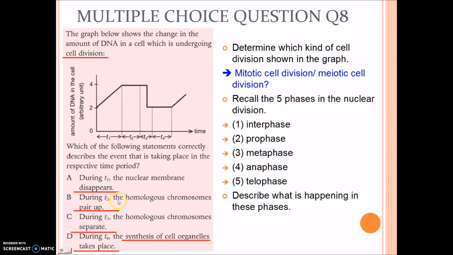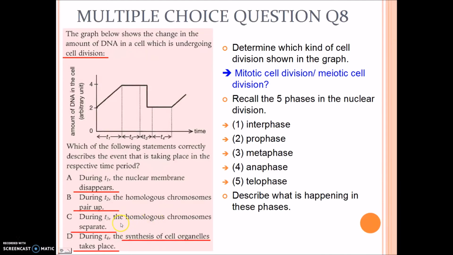So for option B, homologous chromosomes pair up, refer to the question before. You will see that homologous chromosome pairing is a very significant step in meiosis. And then for C, the homologous chromosomes separate. This step is also very significant for meiosis.